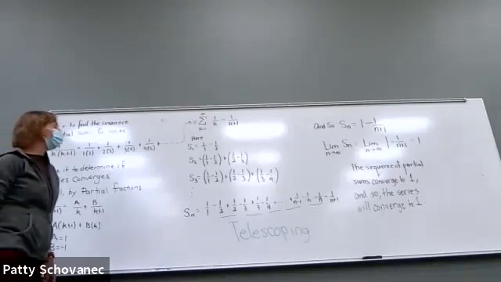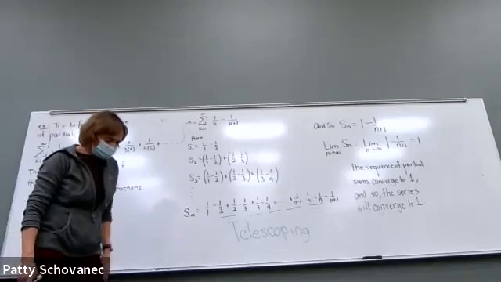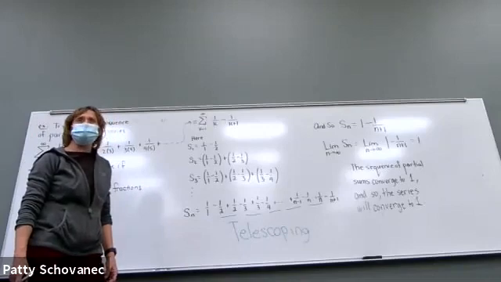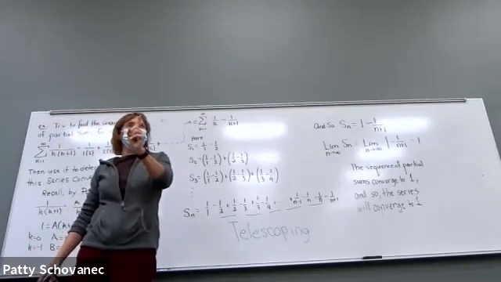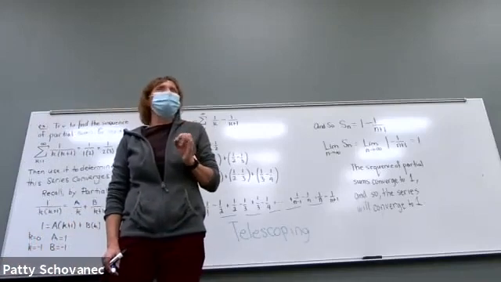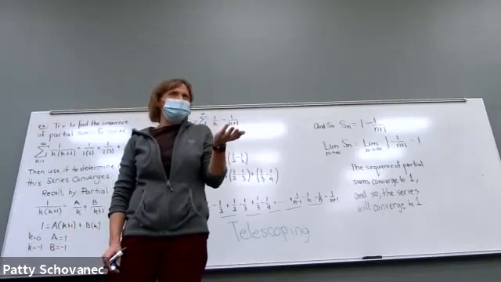One example of a series that has a general pattern is a geometric series. It's not telescoping, but it's going to have a pattern where I can tell if a geometric series is going to converge or not just by looking at one of its features.